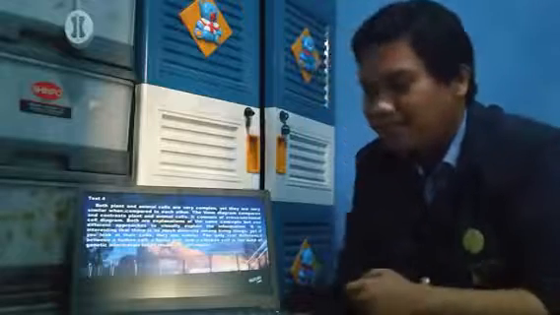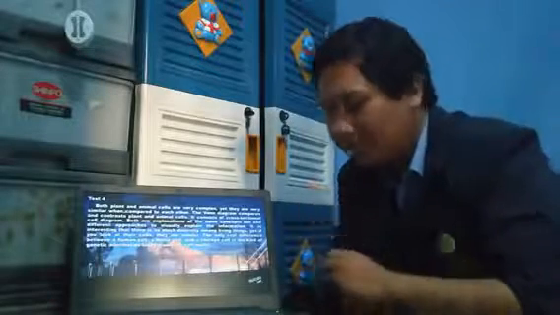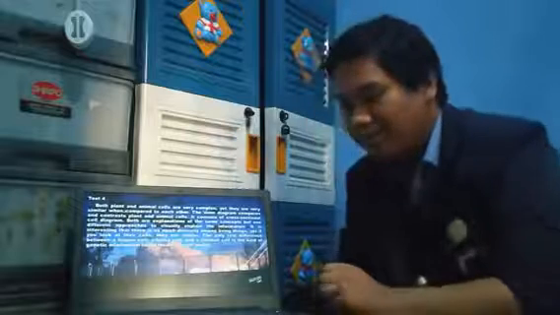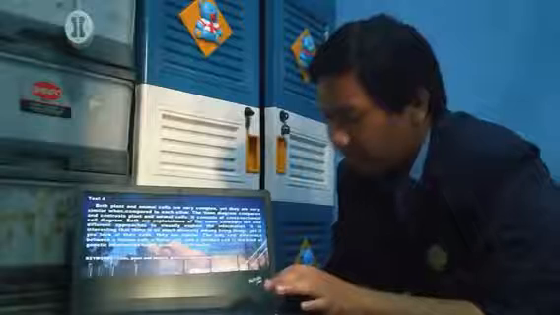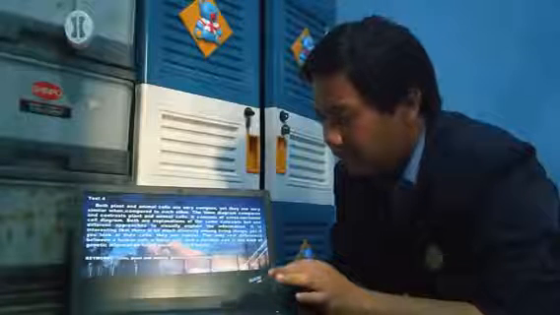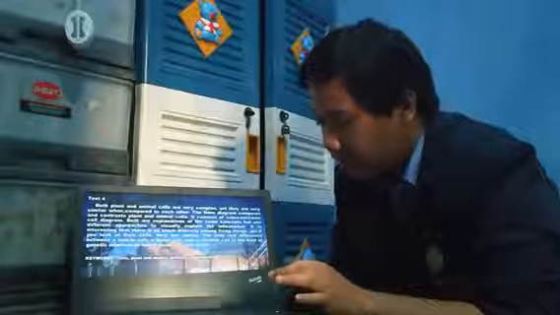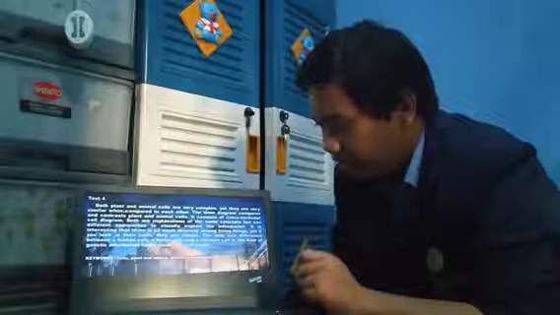So let's find the keywords and, importantly, find the main idea from text number 4. The keywords for text number 4 are cells, plants and animal, genetic information, and differences.